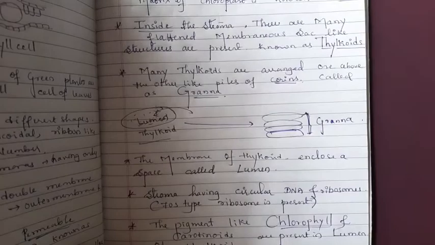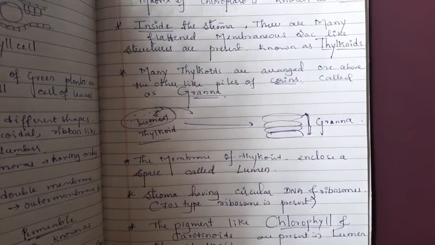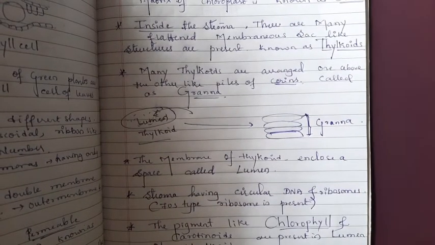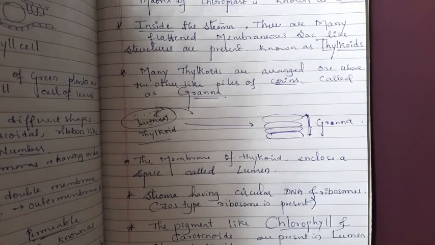Then many thylakoids are arranged one above the other like a file of coins. Then they are called as a grana. I already told that many thylakoids arranged one above the other are known as a grana.